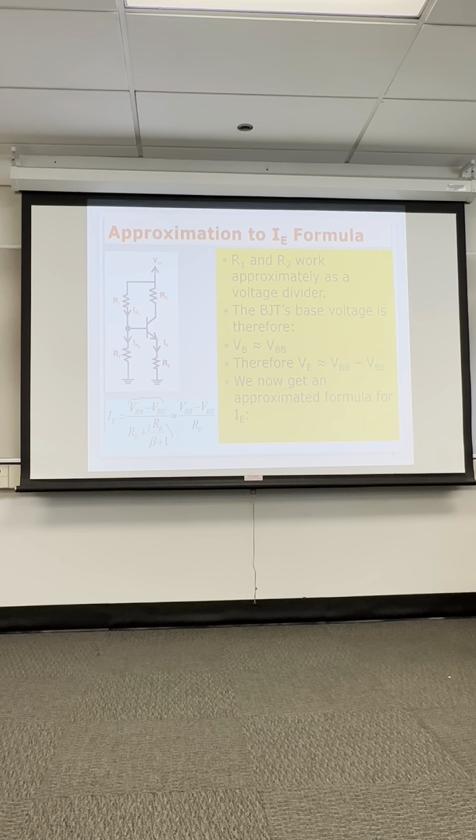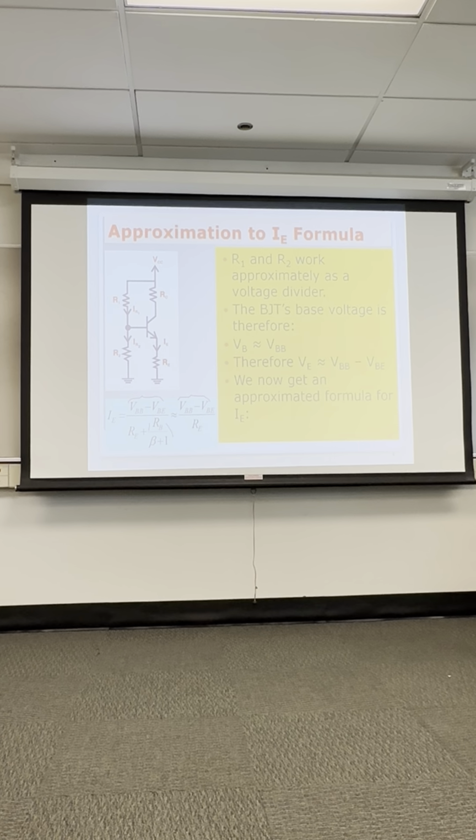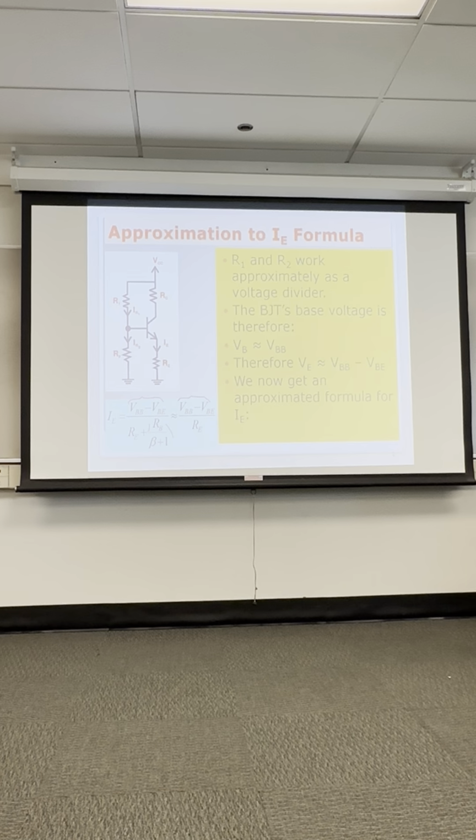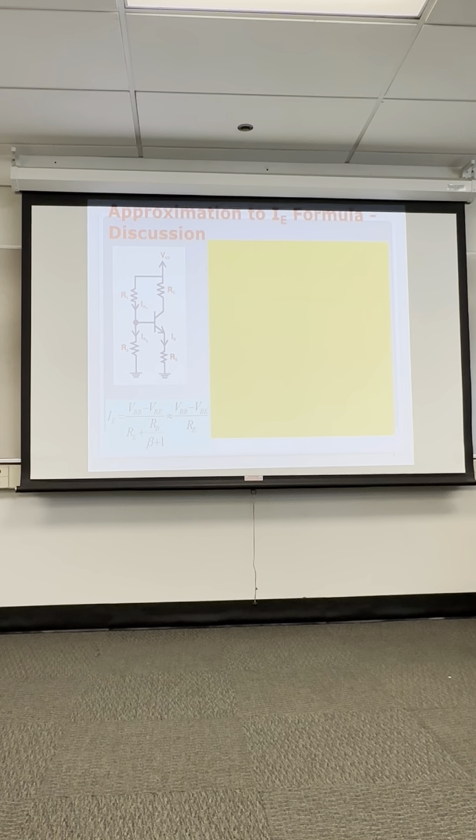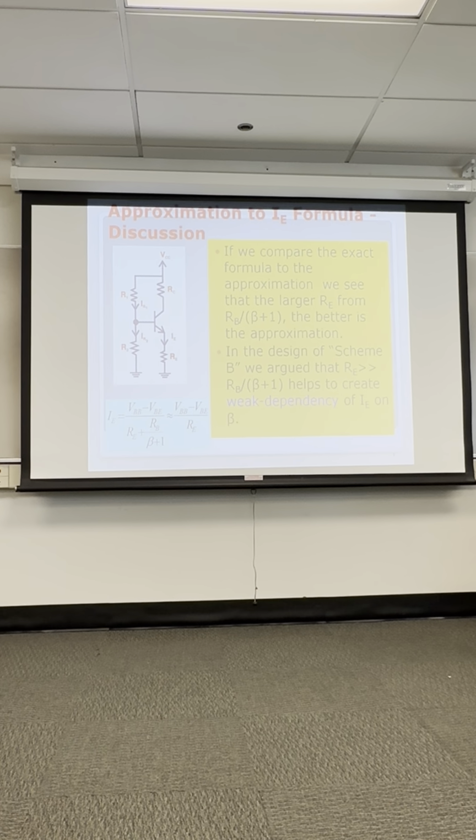If you do solve a problem with this version, you're still in the ballpark of the correct result. However, the real equation is do not assume R sub B over beta plus 1 is negligible. Just understand that part. So this term R sub B over beta plus 1, this has to do with it.